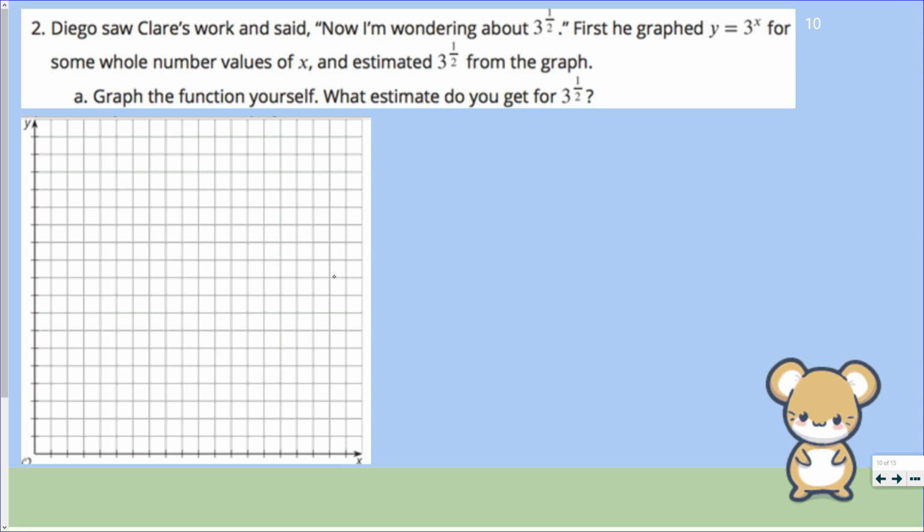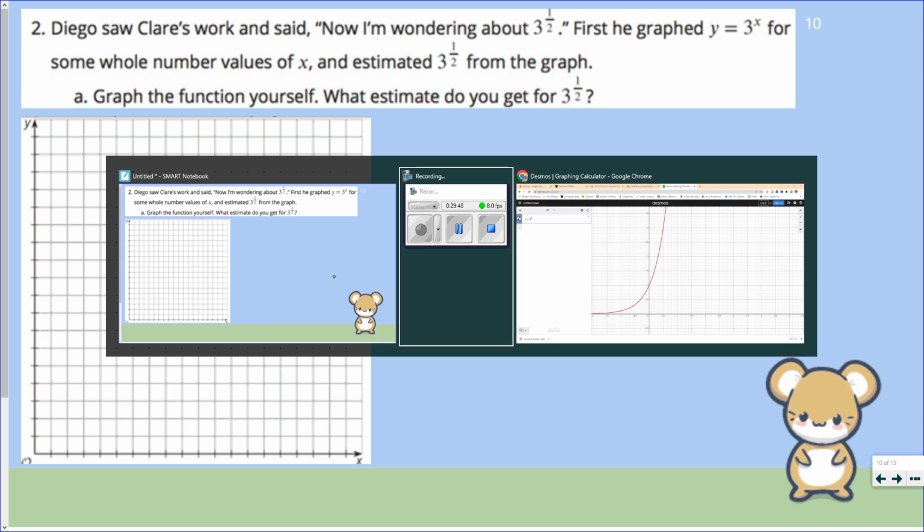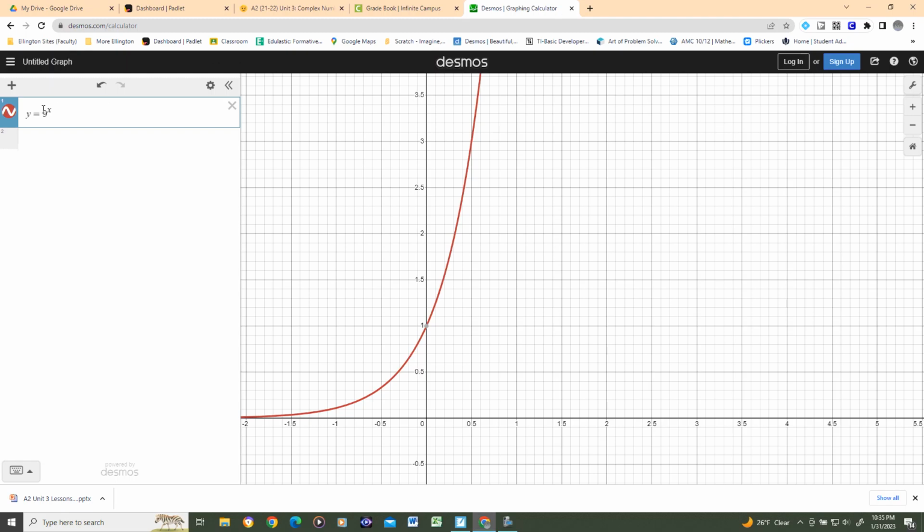Okay. Well, what if we try something different? Now, one thing about 9 is that it's a perfect square, right? But what about 3 itself? What about 3 to the 1 half? All right, let's try that. This time, rather than going on here, let's just go right to decimals. Let's change this to 3 to the x.